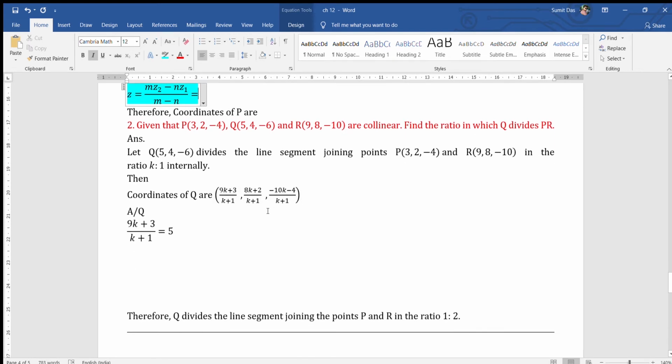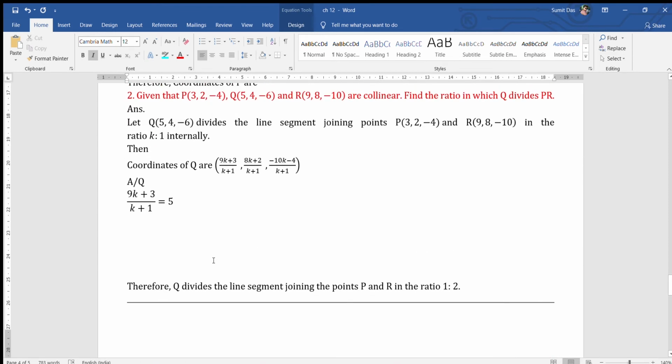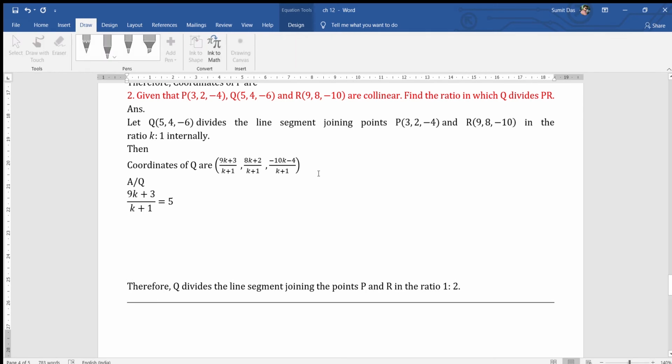Question number 2 is saying that P, Q, R are given collinear. Find the ratio in which Q divides PR. So I'm showing you one thing.